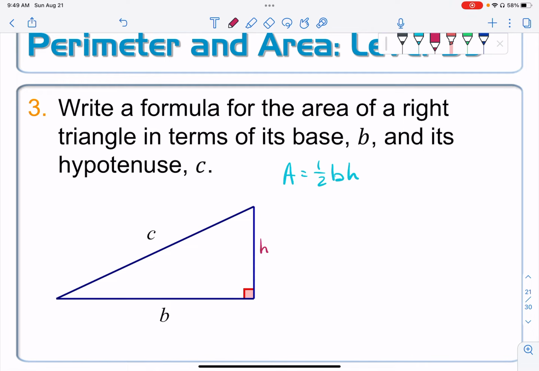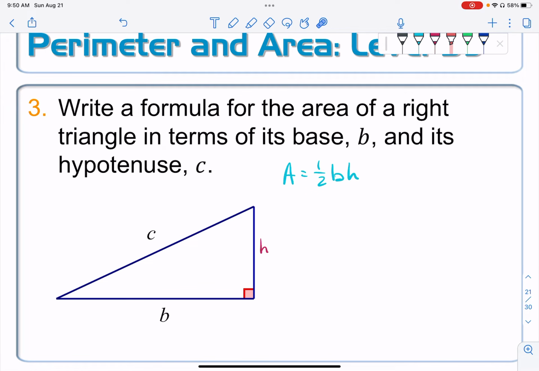Okay, the area formula for a triangle is right now in terms of base and height, but I don't want height, I want c in here instead. So I need another equation that's going to relate these variables together so I can get something to substitute h away. We want to get rid of it. All right, it's a right triangle.